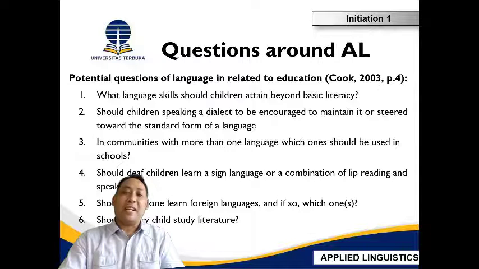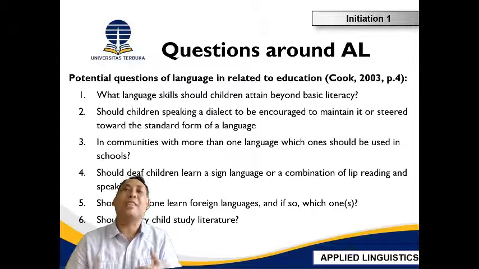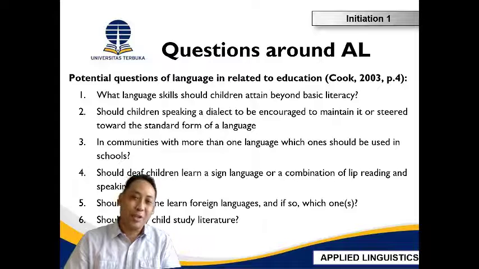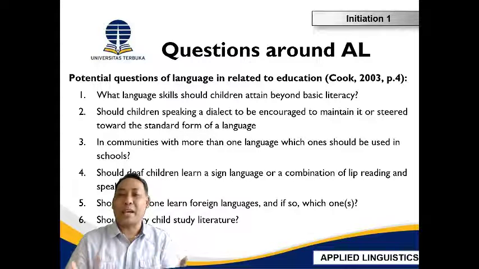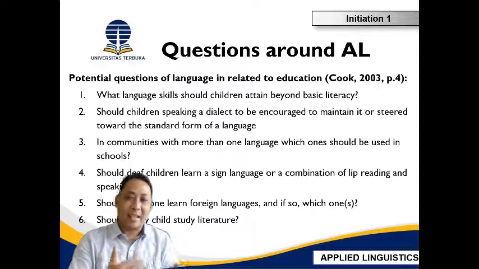Some questions are being introduced around applied linguistics. For example, what kinds of skills do children attain beyond basic literacy? Should children speaking a dialect be encouraged to maintain it?